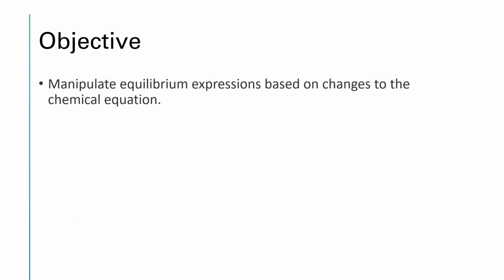Our main objective for this video is to see how the equilibrium constant changes if we change the way we write the balanced chemical equation. We saw that if we multiply all of the coefficients times a constant, we'll raise the value of K to that same constant. If we reverse a reaction, we'll take the reciprocal of the constant.